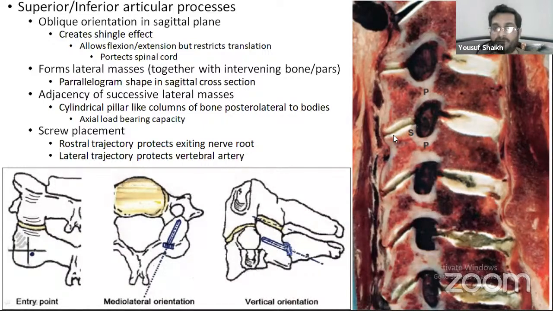So you can appreciate that these are the lateral masses which act as posterior lateral pillars having superior and inferior facet joints. Now, this was the diagrammatic presentation that if we were to place a screw, we enter from the midline or the center point of the lateral mass and we direct it lateral. So on an axial view, it would look like this, and on a sagittal view, it would look like this.